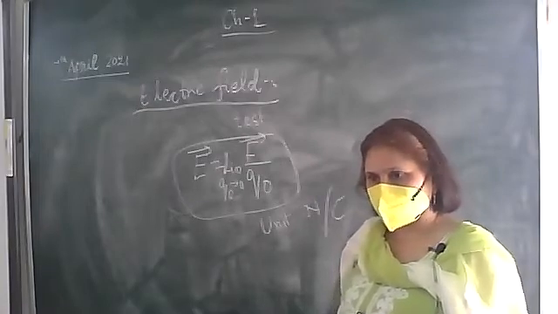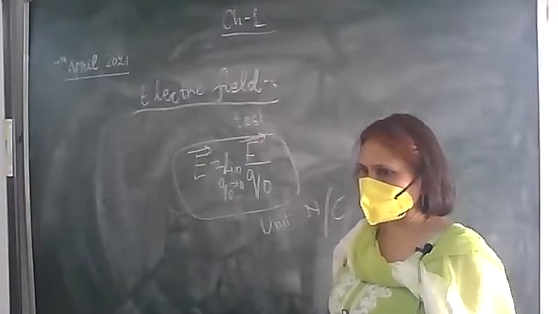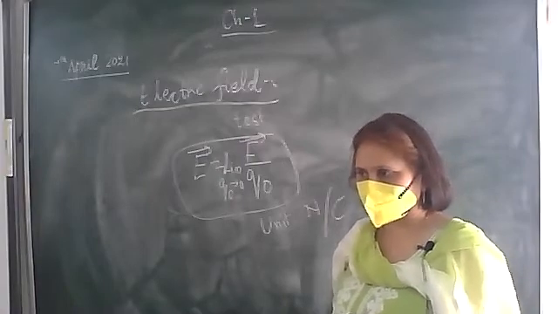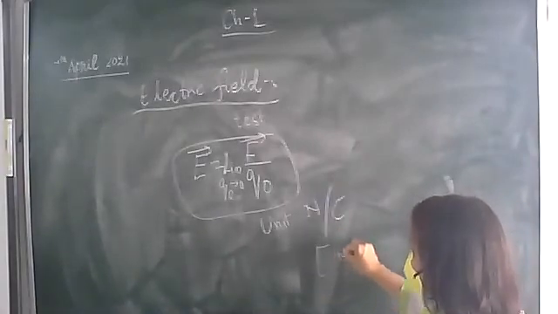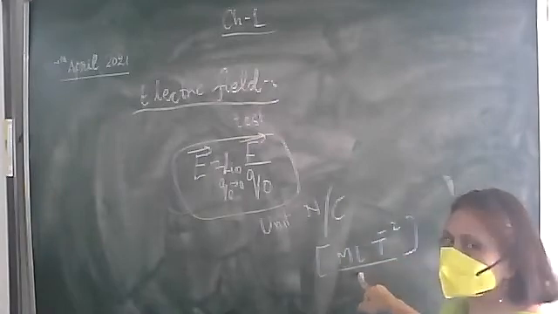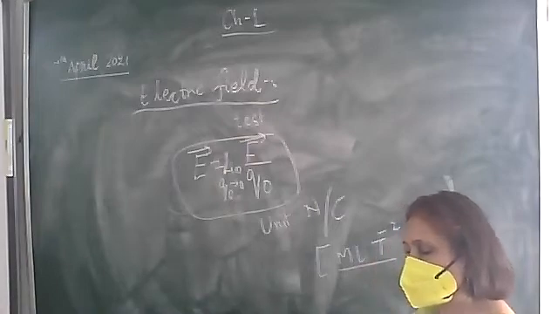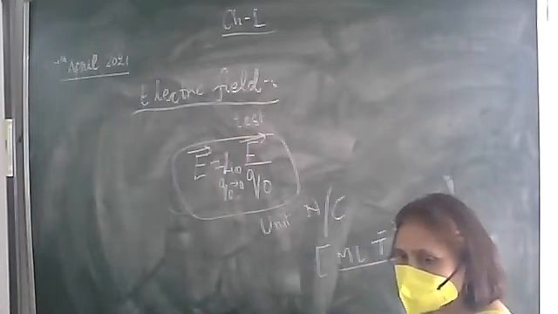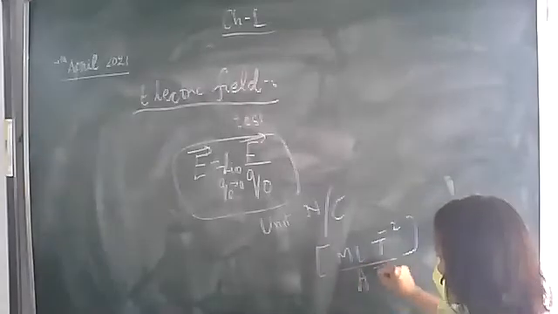Can you find its dimension? Dimensional formula. Newton is the unit of force, which is MLT raised to the power minus 2, upon charge. Charge can be written as, I go back to the first chapter of 11, ampere into time.